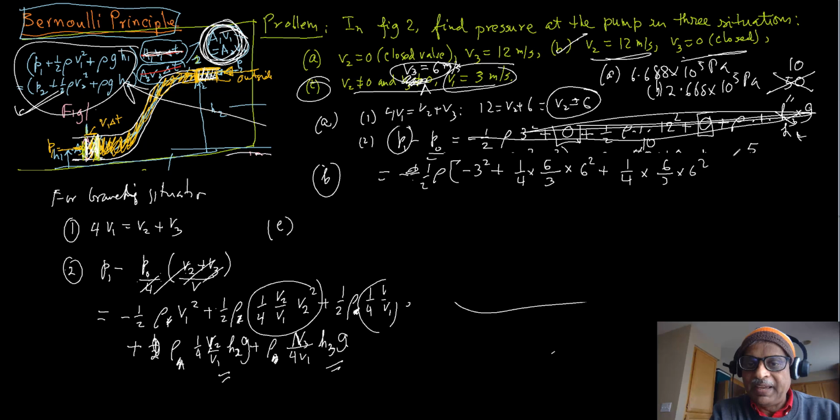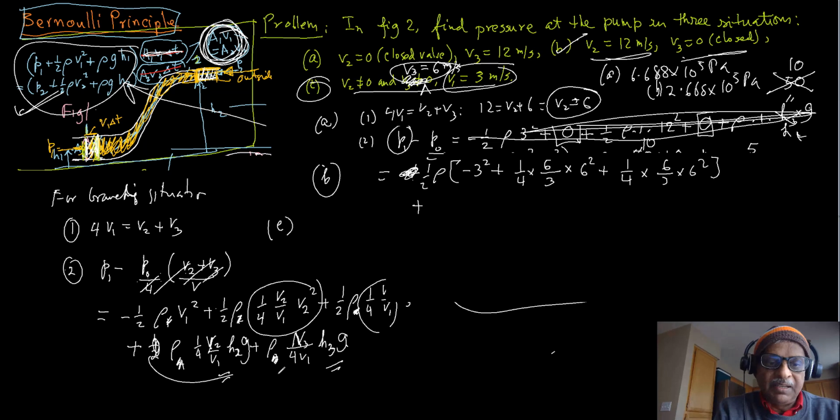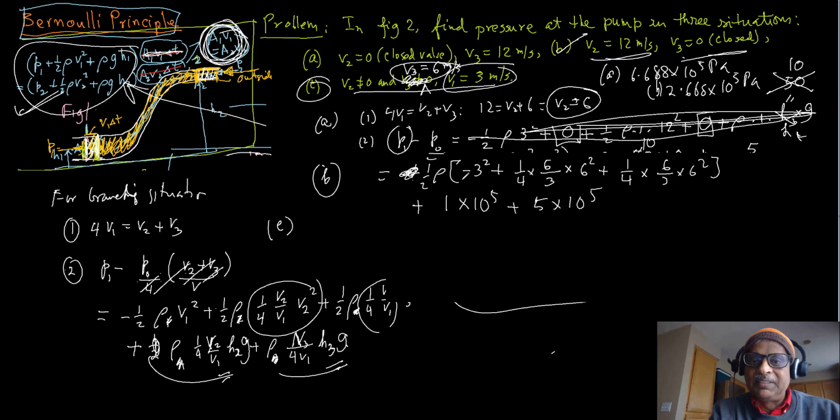So they kind of add, and then I'm going to have these guys where one was 1 times 10 to the power 5 and one was 5 times 10 to the power 5. So only difference is over here.